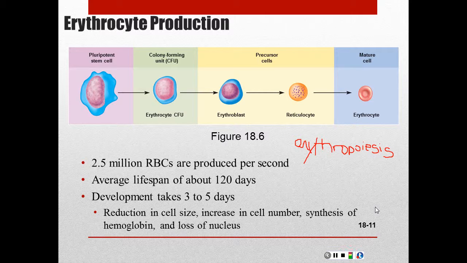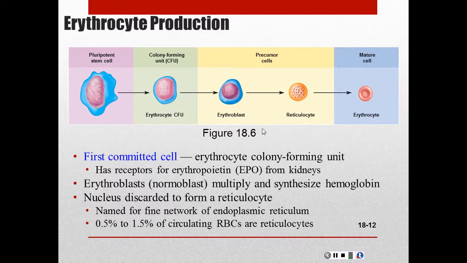Now, the ECFU, upon stimulation by EPO, transforms into erythroblasts, which are those normoblasts. Once it transforms into the erythroblasts, it multiplies and it synthesizes the hemoglobin.